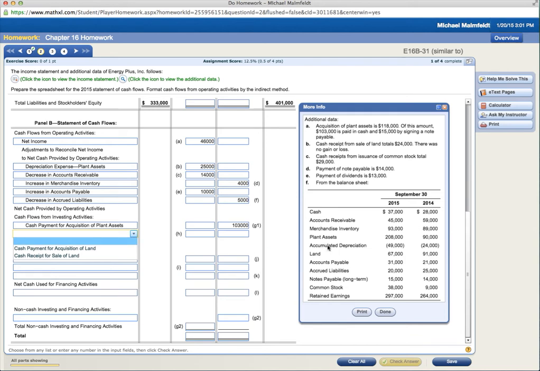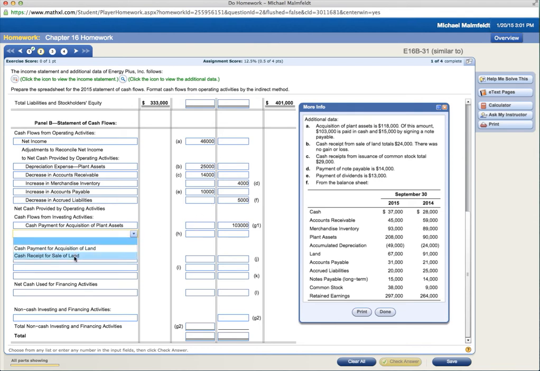Well, again, we could look up here, comparative balance sheet, land from 2014, land from 2015. We see that land was reduced by $24,000 worth of land. And if we look up here, we see that we received $24,000 in cash for sale of land with no gain or loss. So that means it was basically sold for book value. So what happened?